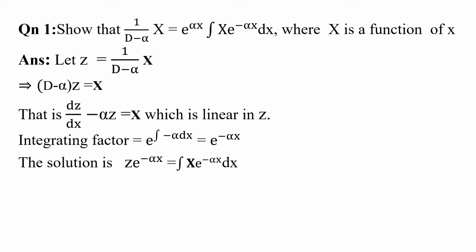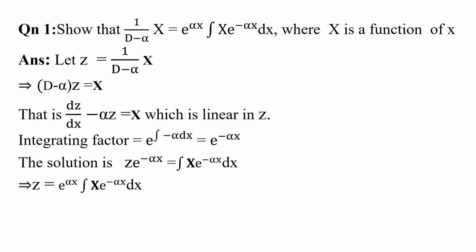So the solution is given by z e^(minus alpha x) equal to the integral of X e^(minus alpha x) dx. Now divide throughout by e^(minus alpha x), we get z = e^(alpha x) times the integral of X e^(minus alpha x) dx, because 1 by e^(minus alpha x) is e^(alpha x).